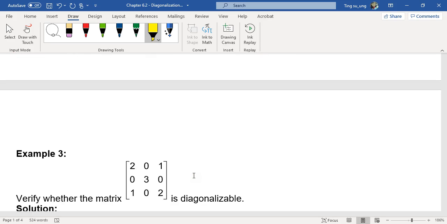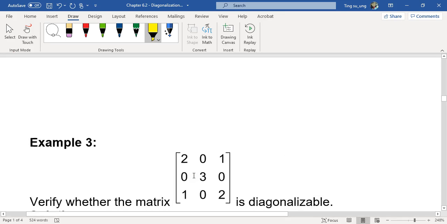Okay, let's look into this example 3 here. Again, the question wants you to verify whether the matrix involved is diagonalizable or not. If you find that this matrix shows no pattern of a diagonal matrix or a triangular matrix, you cannot conclude it directly. You still need to reduce it until you have your reduced echelon form.